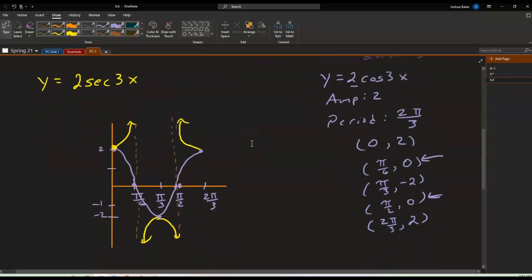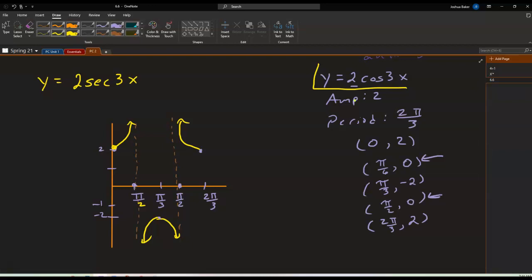Okay, so my suggestion on graphing a secant function is to graph its related cosine function and then do the reciprocal of it, which I call flipping it inside out. Okay. All right. So that's how you would do those things.